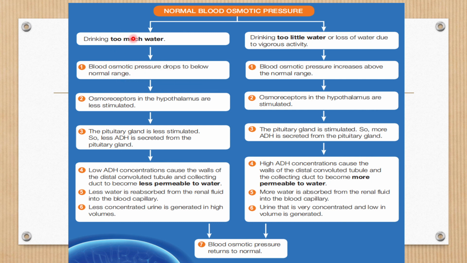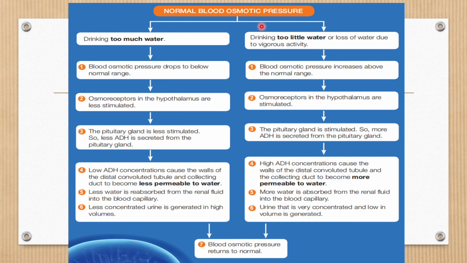Because now we say too much water, less dissolved ions. So osmoreceptors in the hypothalamus will then be less stimulated. Hence the pituitary gland is less stimulated, and so less ADH is secreted from the pituitary gland.